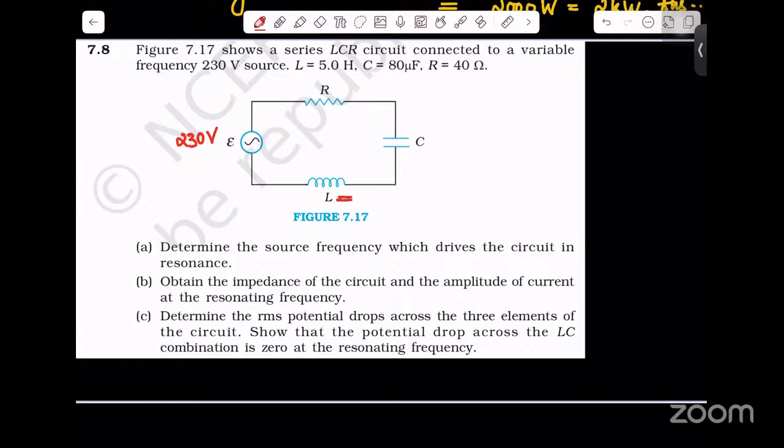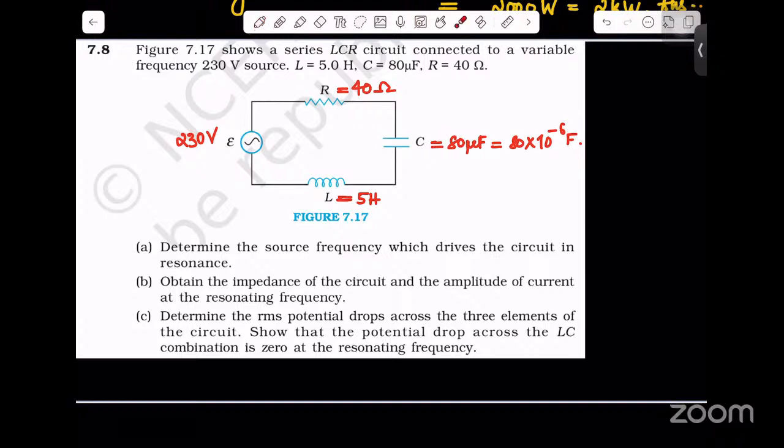Your inductance is 5 H. Your resistance is 40 ohms. And your capacitance is 80 microfarads or 80 into 10 raised to the power minus 6 farads in SI units. Okay. So this much information has been given to us.